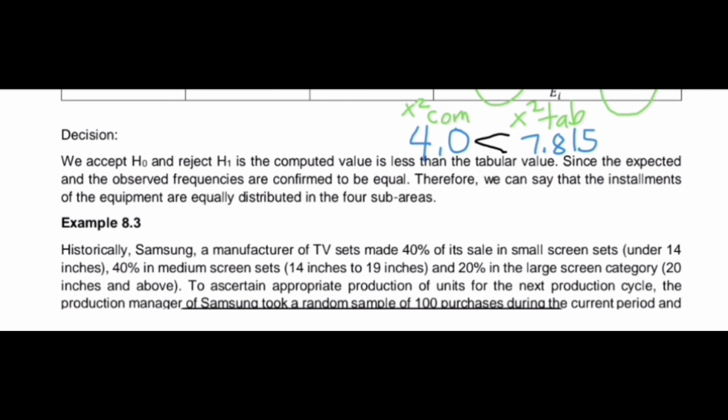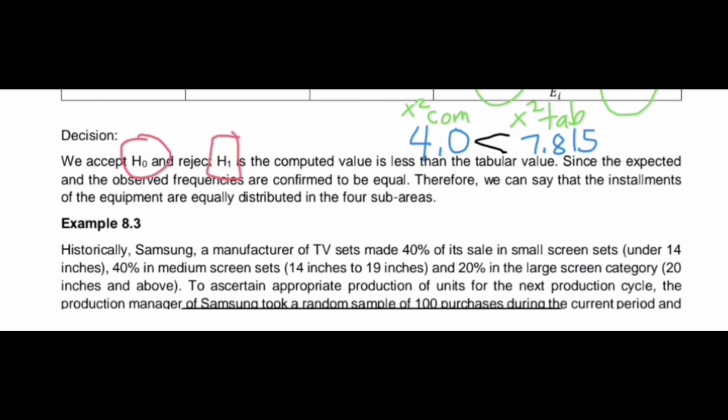If you find that the computed value is greater than the tabular value, it means that we have to reject the null hypothesis and accept the alternative hypothesis. You can see here that the tabular value is greater than the computed value, so we have to accept the null hypothesis and reject the alternative hypothesis.